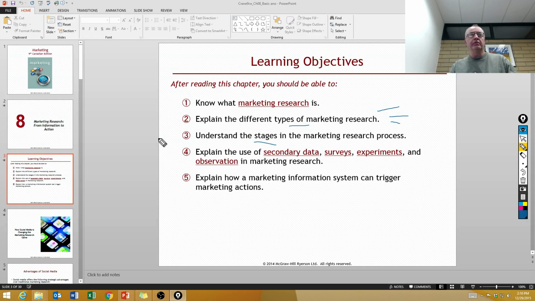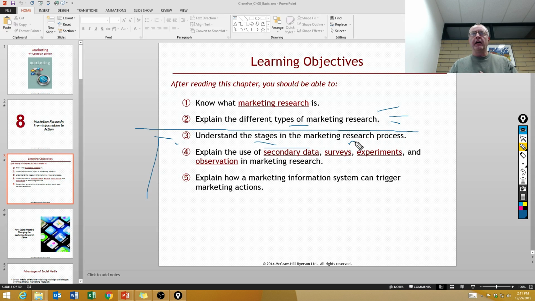And the way the chapter is designed is, once we get down to this step here regarding the stages in the marketing research process, the rest of the chapter is really just going through these four stages. And so when we're collecting data, we can make use of either so-called secondary data, or we can collect primary data.